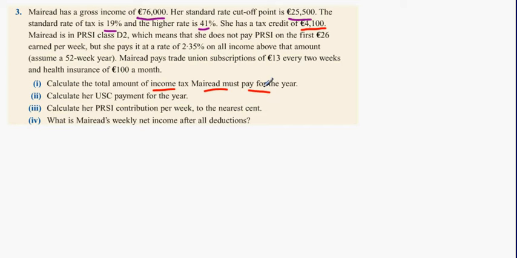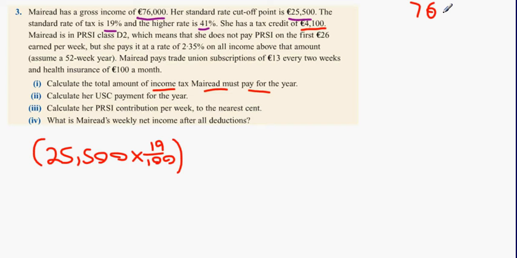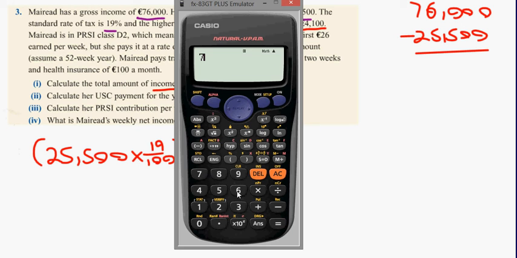Okay, so we're going to start off with 25,500, and this is the lower rate, multiplied by 19%. And then you've got to see how much she earns over the standard rate. So she earns 76,000, and we take away the lower amount of 25,500.